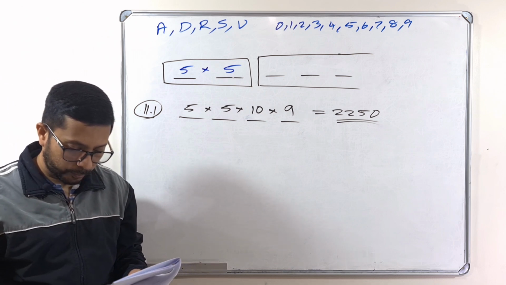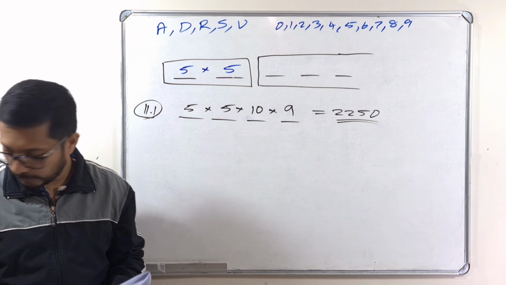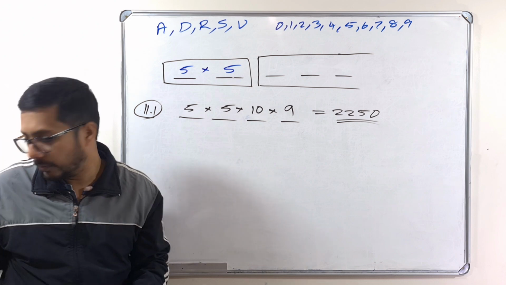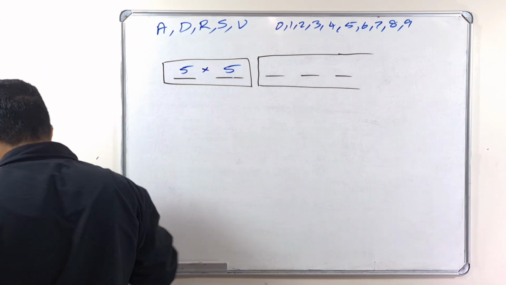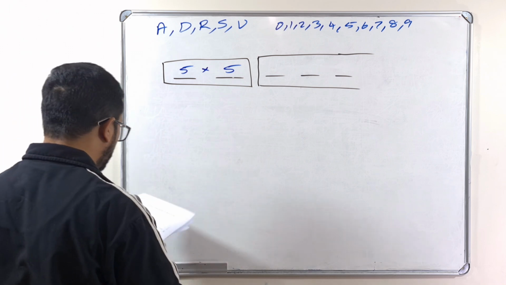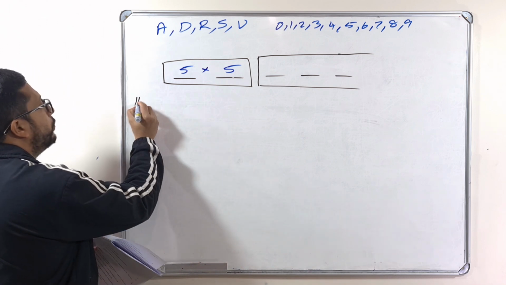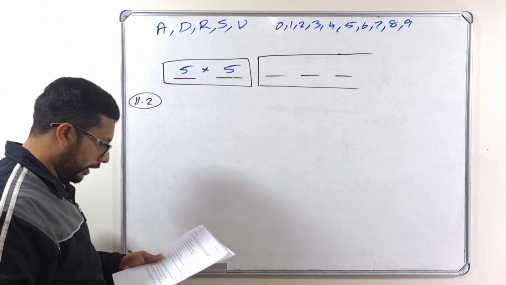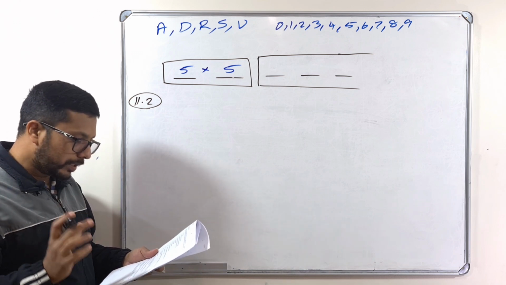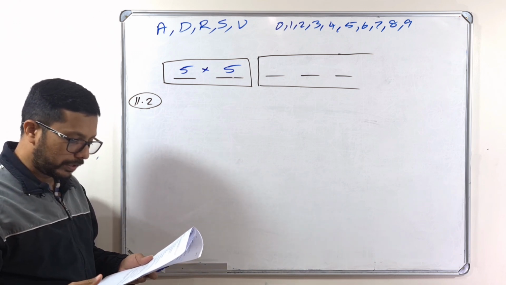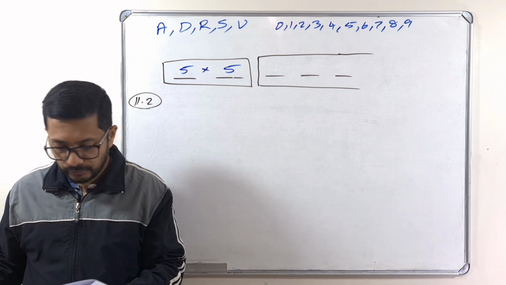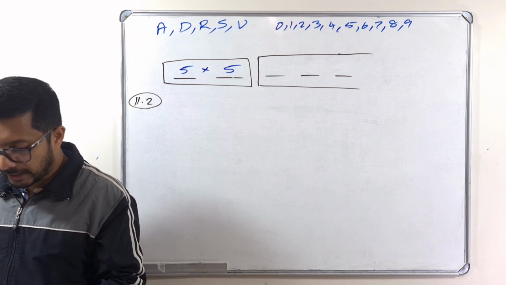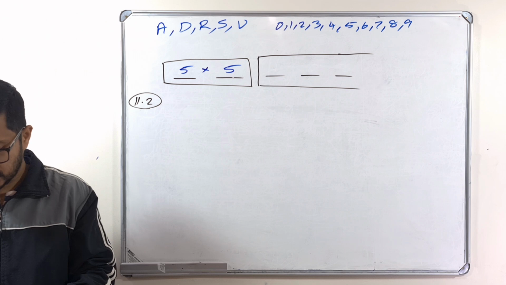Now let's go to 11.2. Okay, with 11.2 you have to understand something. Question number 11.2: Determine the least number of digits that is required for a company to uniquely identify 700,000 clients using their coding system.